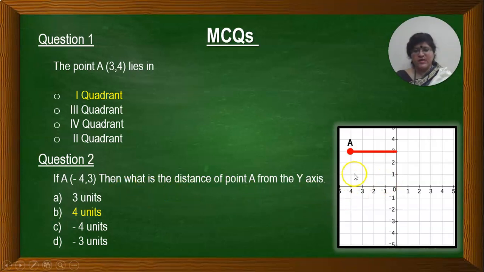So -4, 3 means it lies in the second quadrant. How far is A from y-axis? So this is the y-axis, so count. 1, 2, 3, 4. So answer is 4 units. Students, these kinds of problems are very important wherein they ask you to find out the distance of a point either from y-axis or from x-axis.